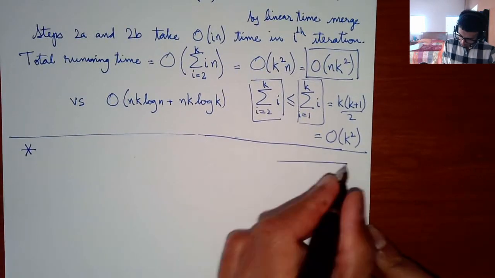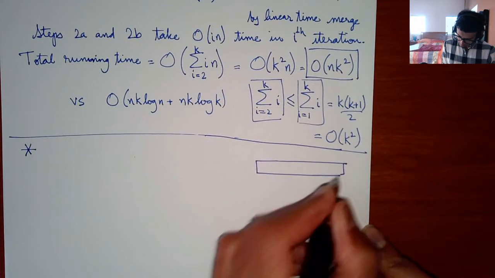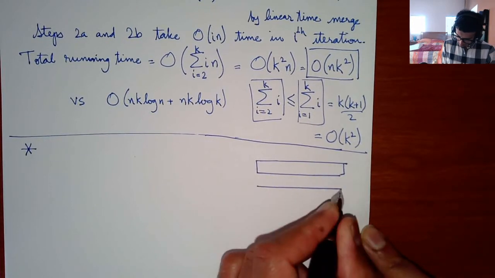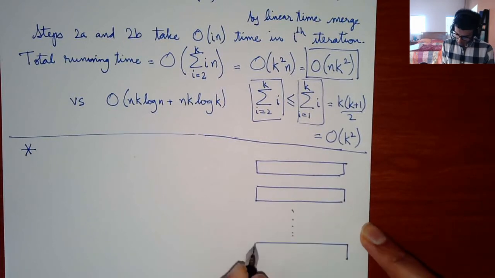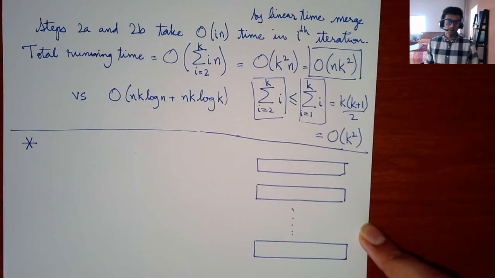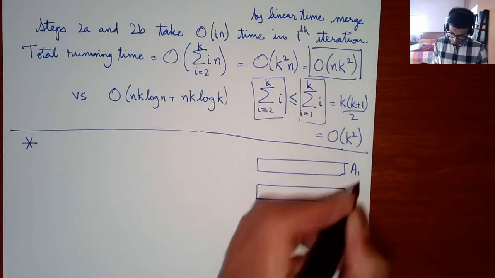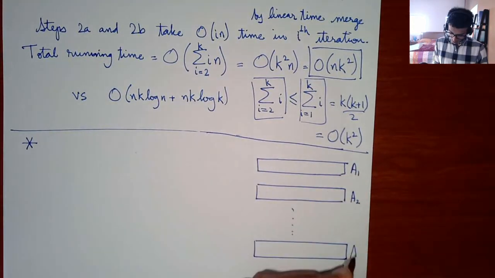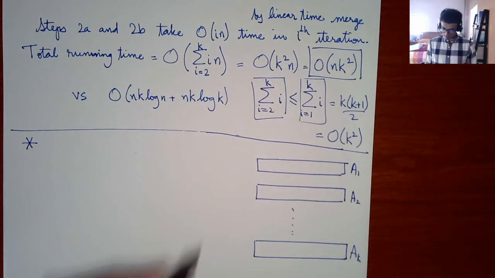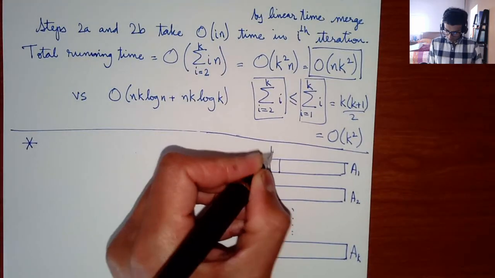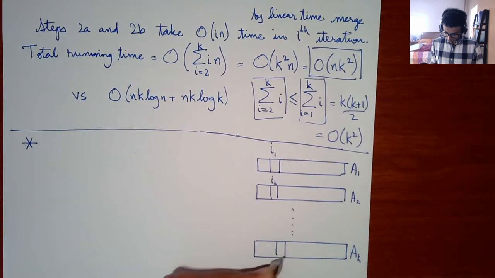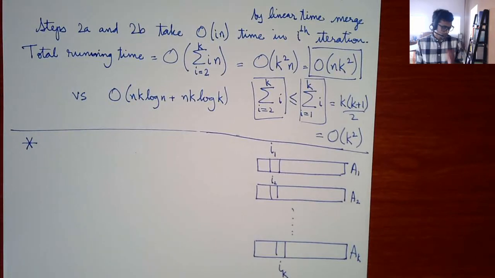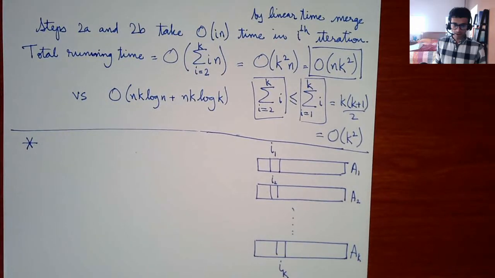So if you recall, there are k arrays. This is A1, A2 up to Ak. We could think of it as having a pointer, or an index, i1 up to ik.